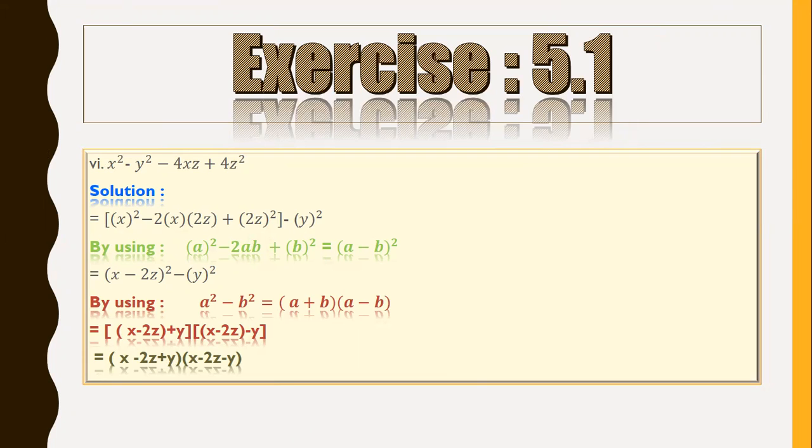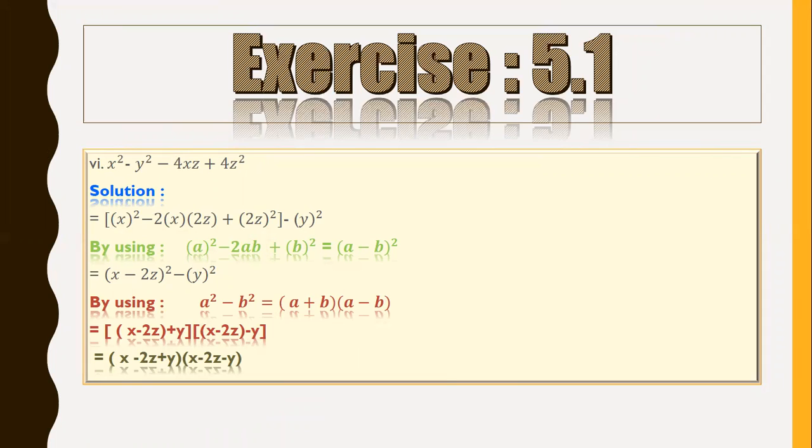You see that we combine x square minus 4xz and 4z square. 4z square comes in the place of minus y square, but the sign of 4z square will be the same, and the y square has the negative sign. You cannot replace the signs. The signs must be the same.